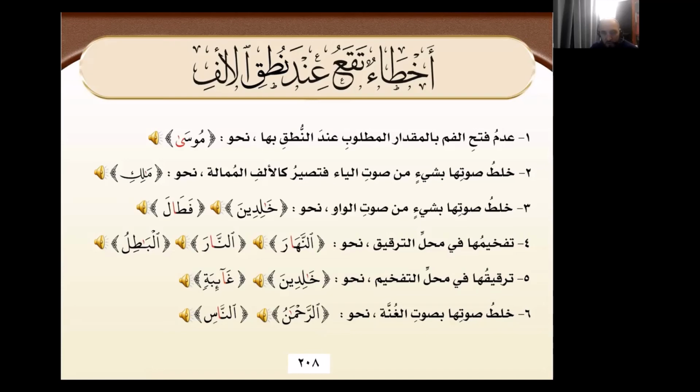It shouldn't be said light; it should be غا, غائبة. Again, be careful you don't say it with the ba emphatic. The mistake you're making here is making the ba emphatic. So in your mind, when you try to pronounce it, you pronounce each letter individually: غا, غائبة, خالدين.